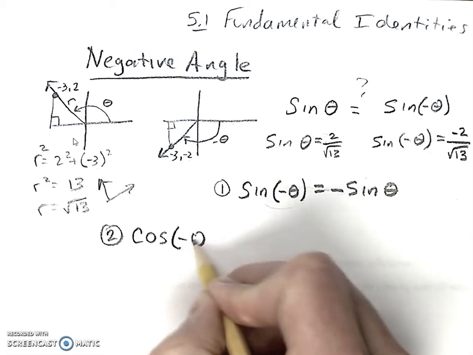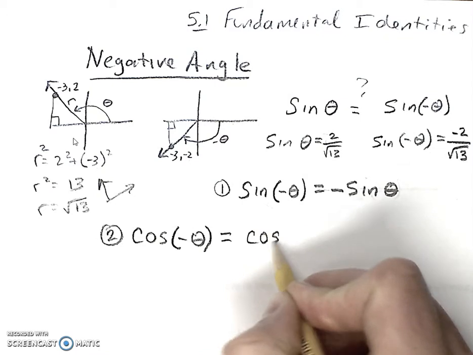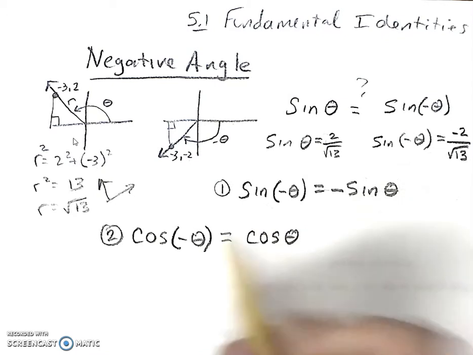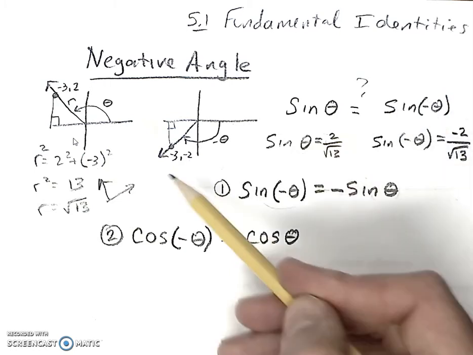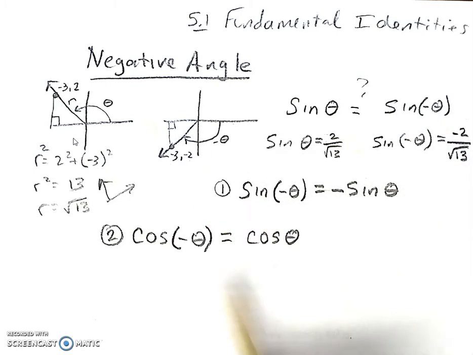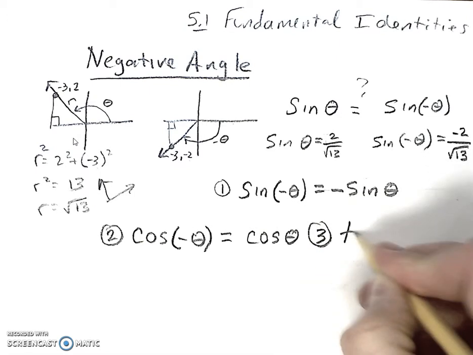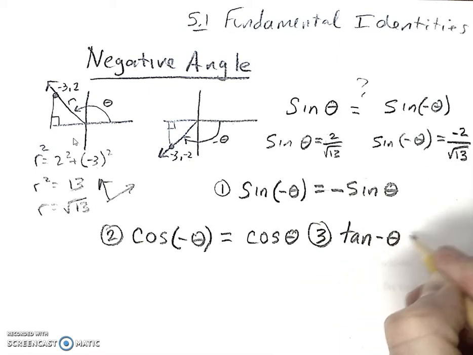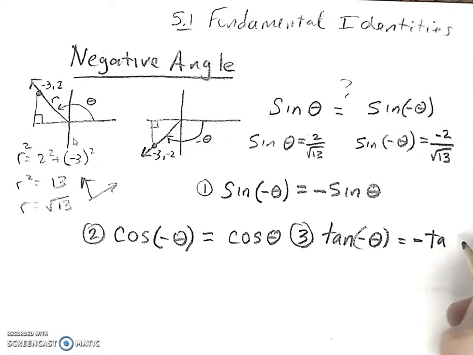In terms of cosine, the cosine of negative theta actually is just going to be the cosine of theta. Notice -3 is the same. You're using your x-coordinate to find cosine. And then third, the tangent of negative theta is just equal to the negative tangent theta.